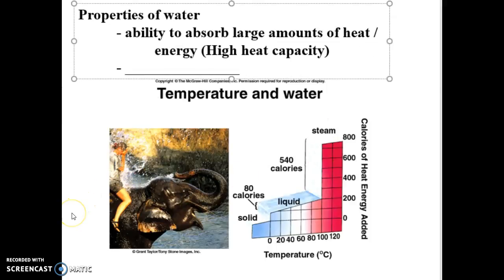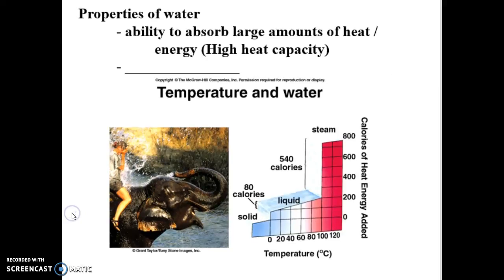So think about how this benefits you. On a hot summer day, your body temperature does not go up because the water in our body is able to absorb a lot of that environmental temperature, that heat. So it's 105 degrees outside, heat index, and you walk outside, your body temperature doesn't immediately go to 105. It balances out.